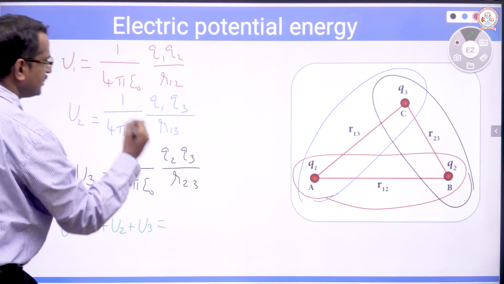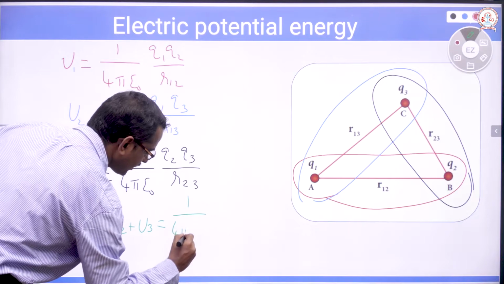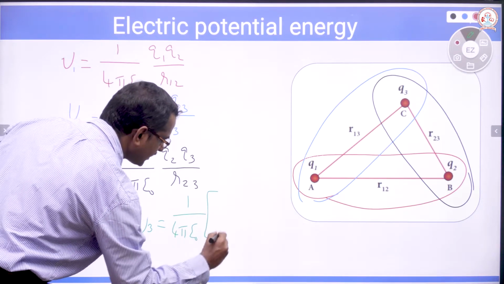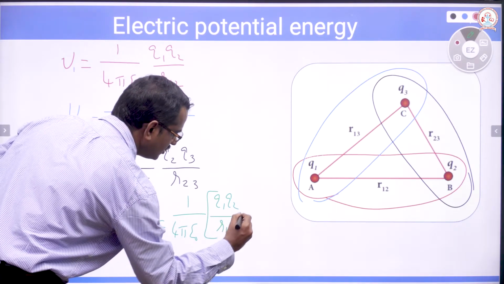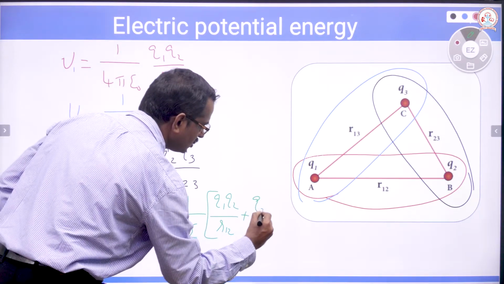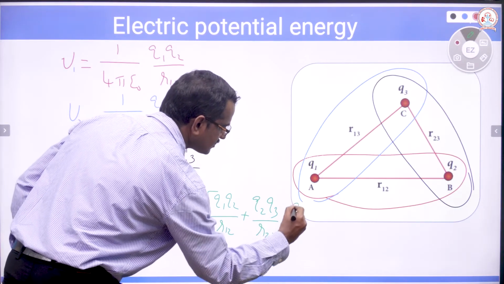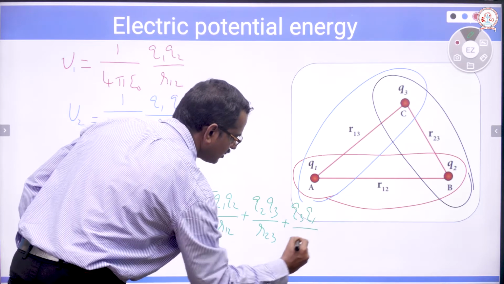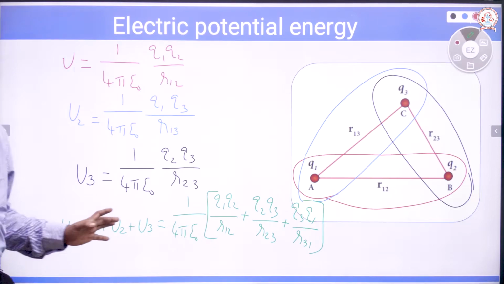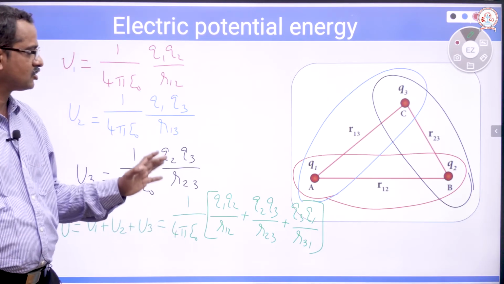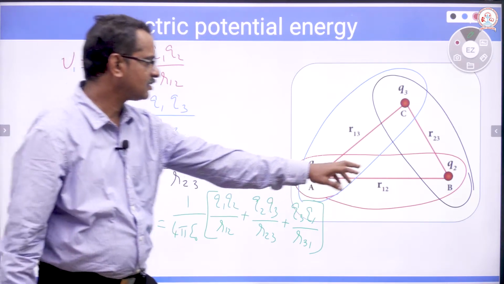Taking the common factors, we have 1 divided by 4 pi epsilon naught times Q1 Q2 by R12 plus Q2 Q3 by R23 plus Q3 Q1 by R31. This is the total potential energy of the system, where Q1 is at A, Q2 at B and Q3 at C.